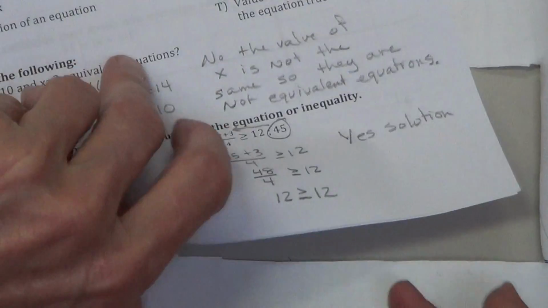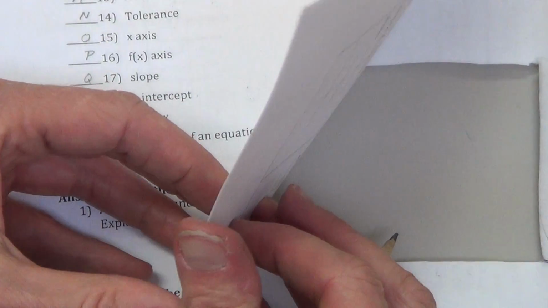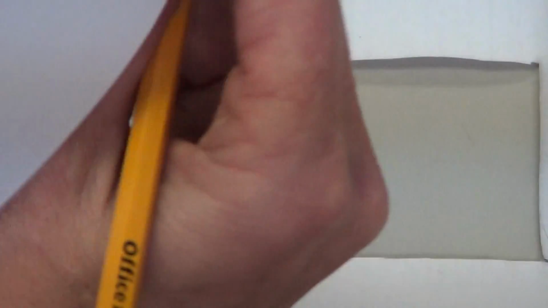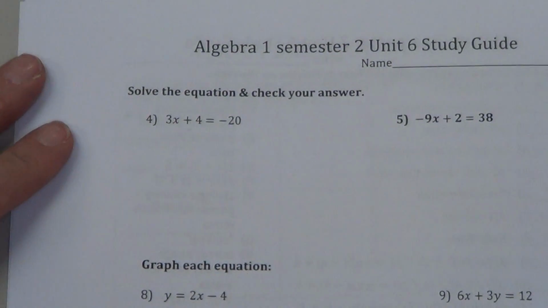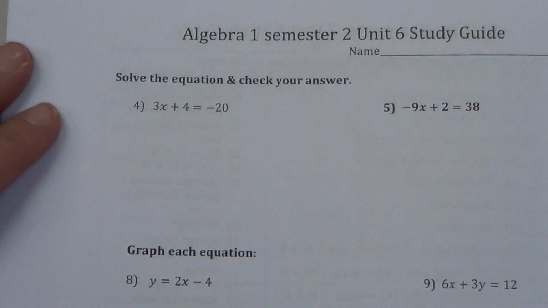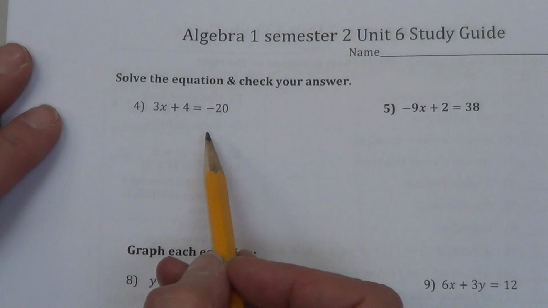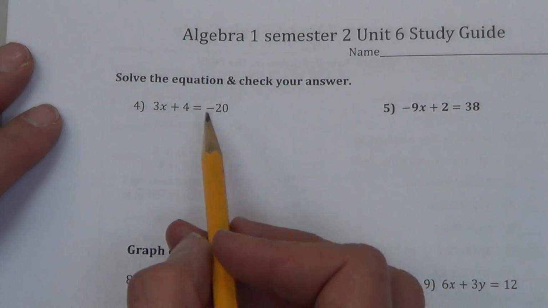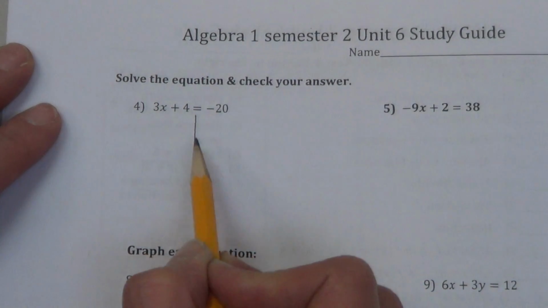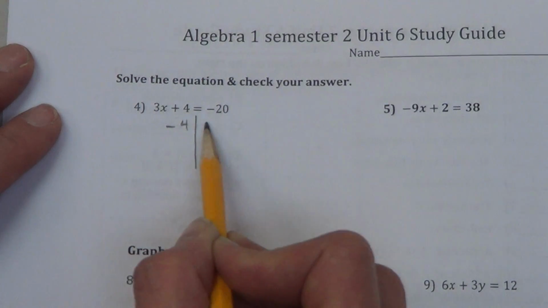Okay. Page 2 of the study guide. The very top problem, number 4: 3x plus 4 equals negative 20. Draw a line down, subtract 4 from each side.